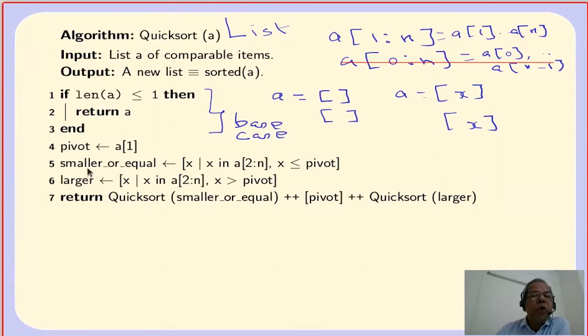Then quicksort the smaller or equal sublist. Quicksort the larger sublist. In between, put the pivot. That is the output of the whole thing. So there are two recursive calls. This is called list comprehension in Python and other functional programming languages.